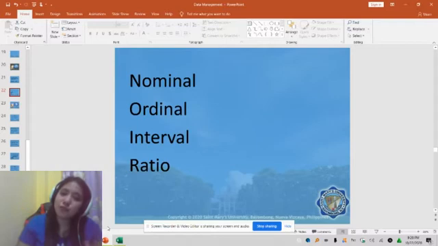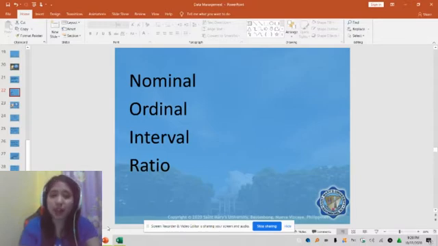Okay, now let's move on to ordinal data. Ordinal data is also a categorical variable. However, order now matters. For example, in performance level, of course, we know there is a ranking. So for example, we have poor, good, very good, superior.